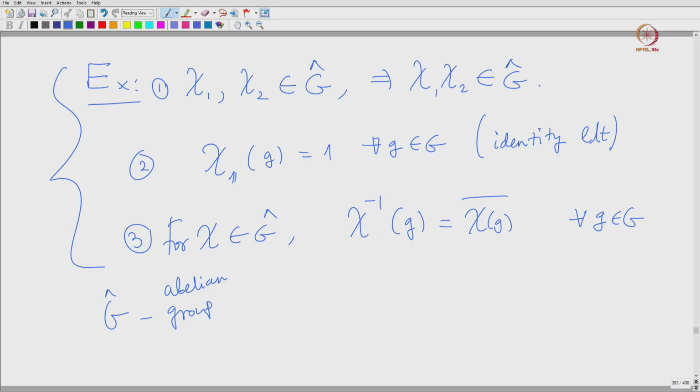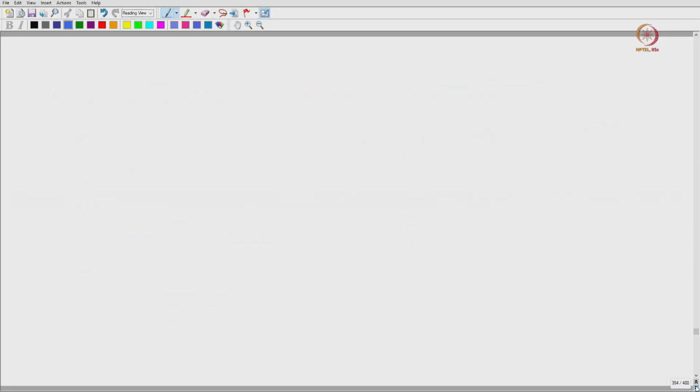Why is this indeed isomorphic to G? That can be checked by reducing it to the finite cyclic groups using the structure theorem. Let us first do it for the finite cyclic groups, then we can generalize to any given finite abelian group. Again I am going to leave it as an exercise.